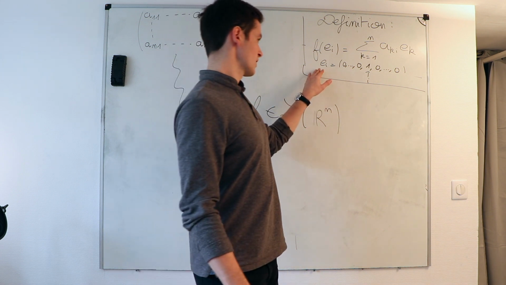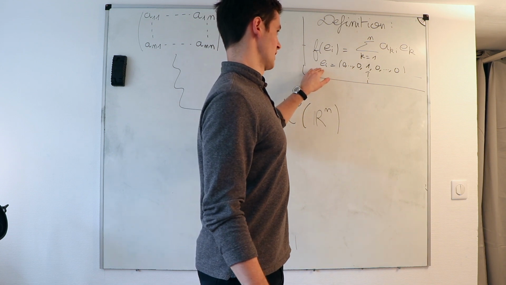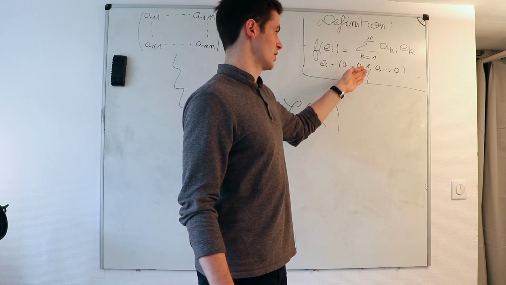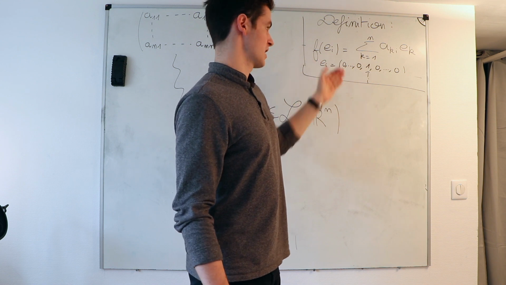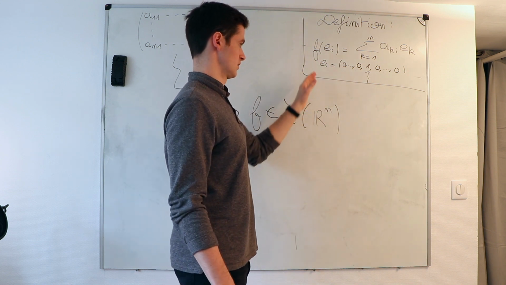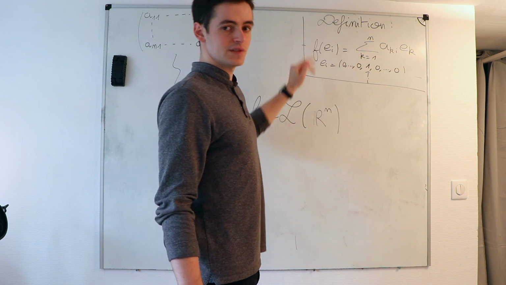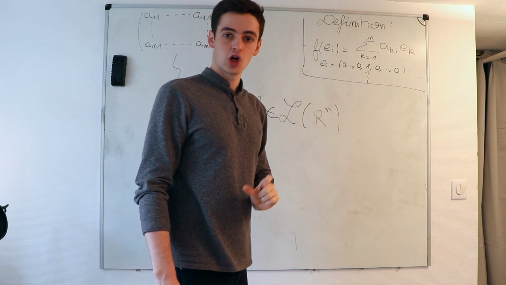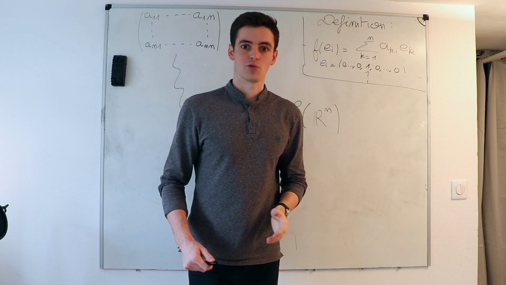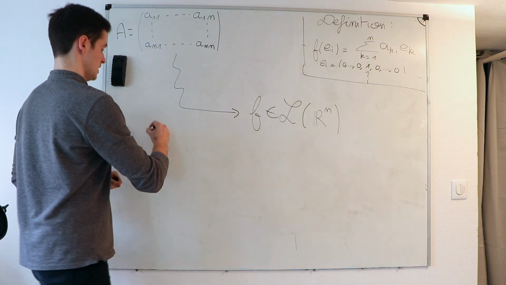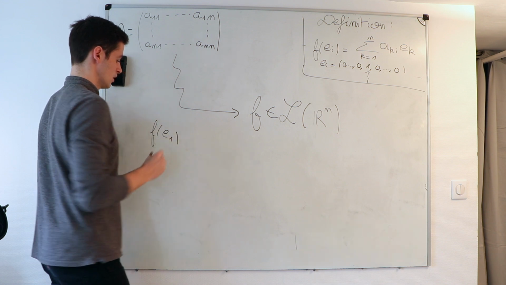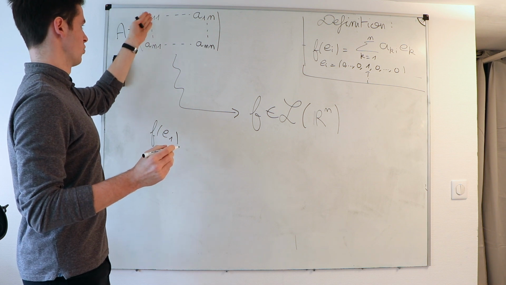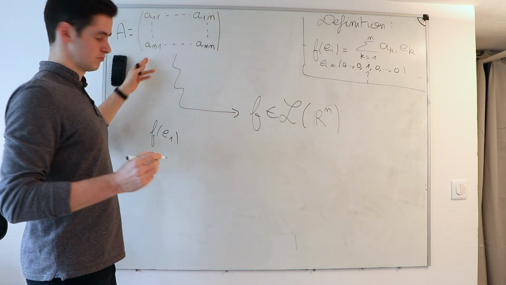The canonical basis is the basis composed of the vectors whose components are 0 except for the ith one, which is 1. We'll call this vector Ei. F is defined by this equality: F of the ith canonical vector is equal to the ith column of the matrix A, but in vector form. For example, F of E1 must be, by definition of F, the vector A11 up until An1.